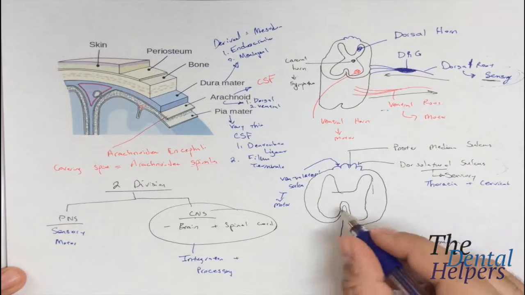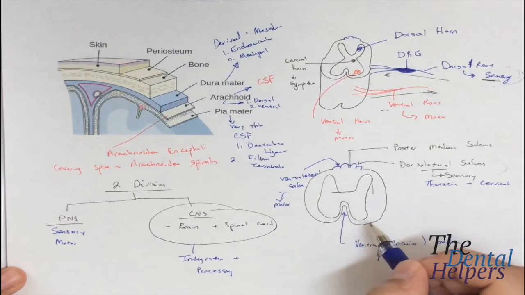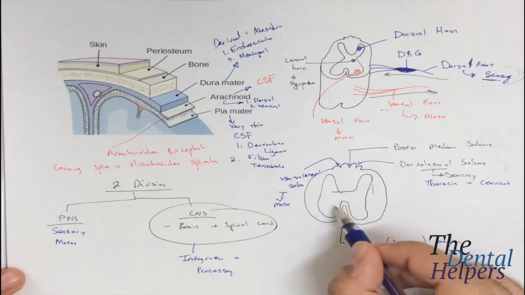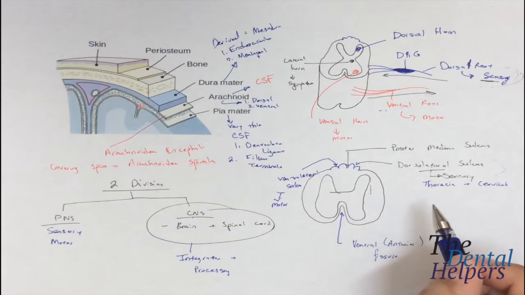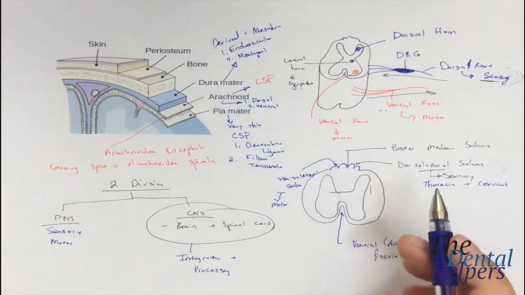And this is the posterior end of the posterior median septum of the neuroglia of the spinal cord. So as we go further down the spinal cord, you're not going to see this as something as present. So let's look at each of the regions of the spinal cord and see how they change.